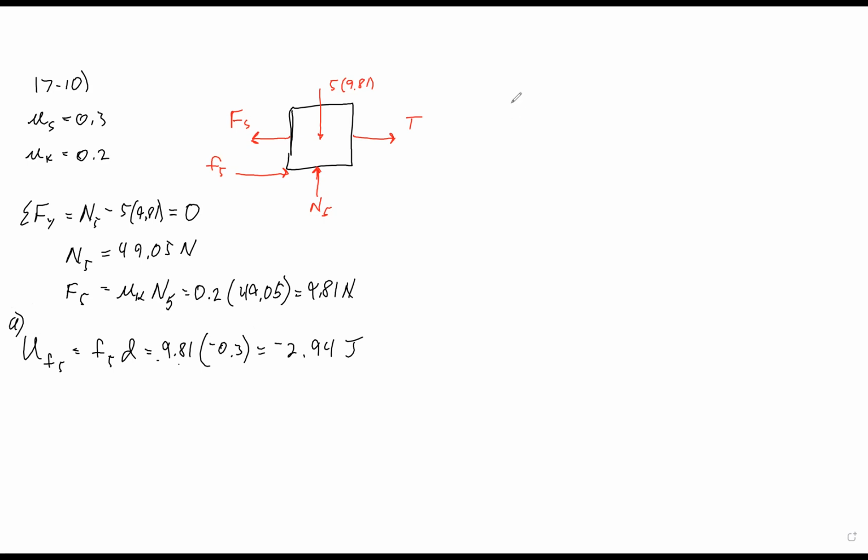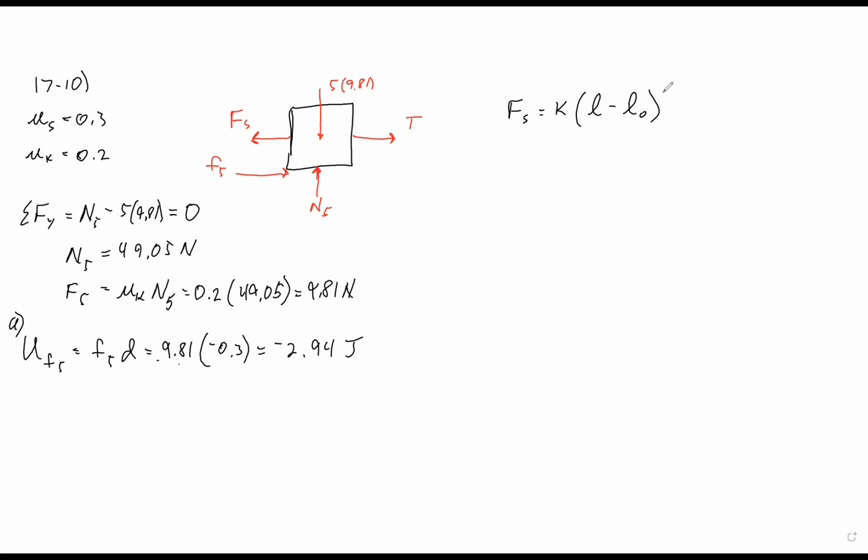Part B wants us to find the spring's force work on the 5 kilogram block. Well, they tell us that the function for the spring is equal to the spring coefficient times the final distance minus the initial distance. And that is also found by doing the integral.